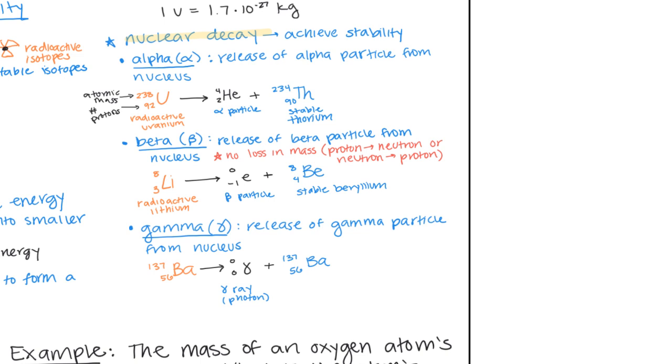So it has 2 protons and 2 neutrons. So this uranium is just shedding 2 protons and 2 neutrons, which we just give the title of an alpha particle.